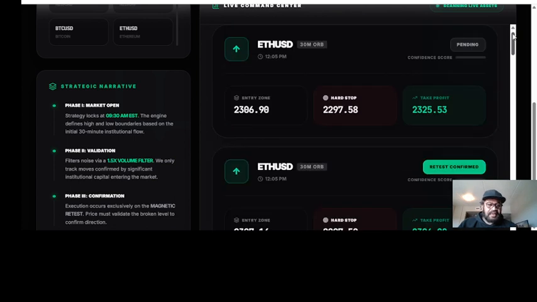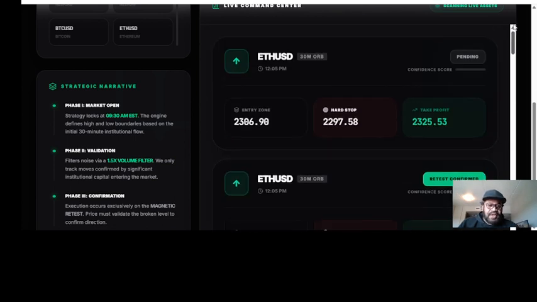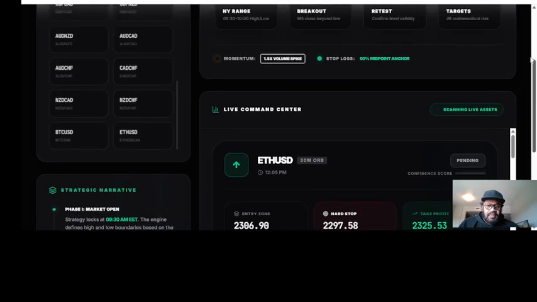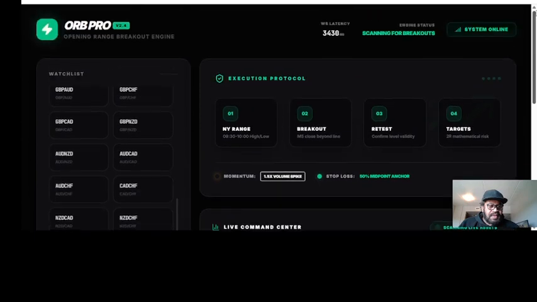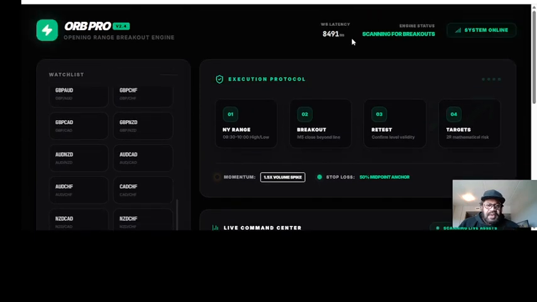I also have a latency feature here, which, okay, hold on. The latency feature is at the top here. It uses the public WebSocket API, and it tells us how the latency is.